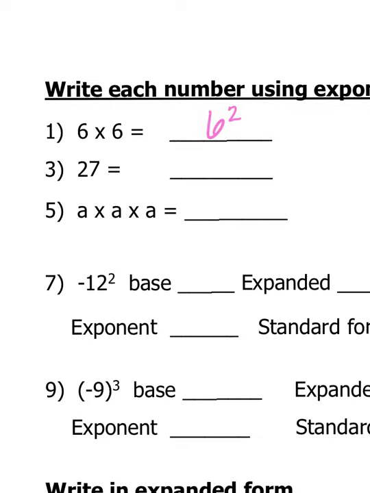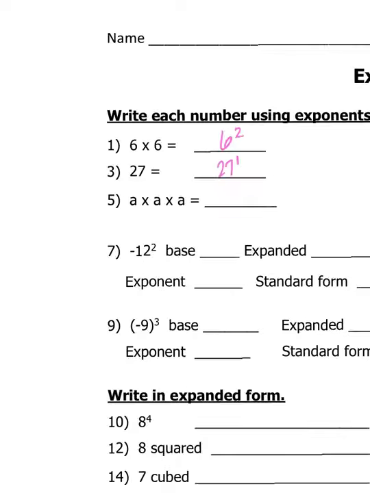3, we have 27, and I think whenever it's just a number, it's going to be 27, and to write that, exponent to the 1. So it's just one number, 27.